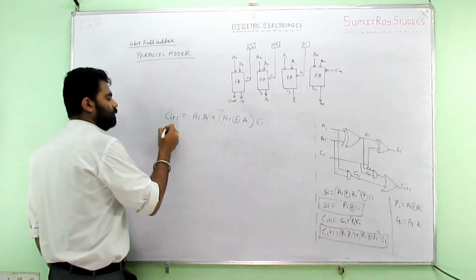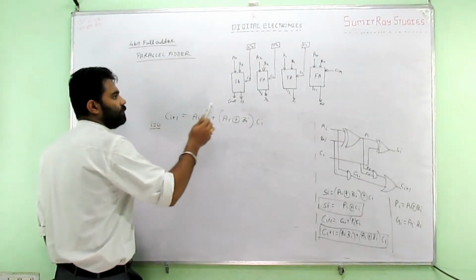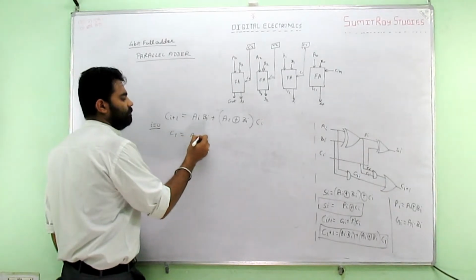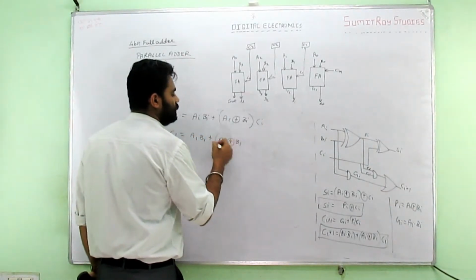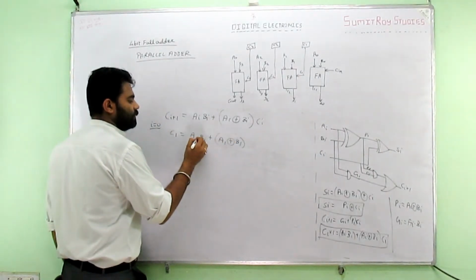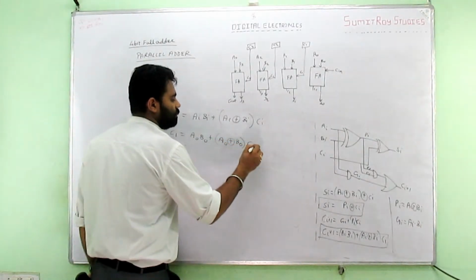If i equals, let it be, 0, so that we can develop C1. So C1 is A1 B1 plus A1 exclusive OR with B1 exclusive OR with 0 is there, right? So A naught B naught, A naught B naught, and exclusive OR with C naught.